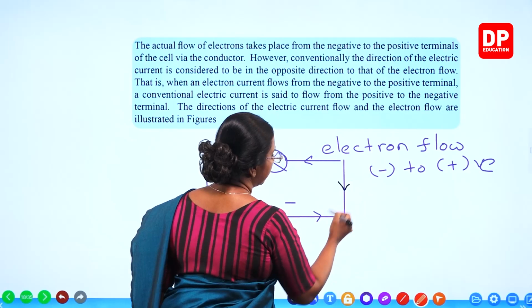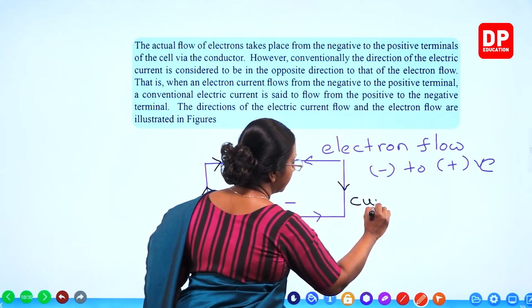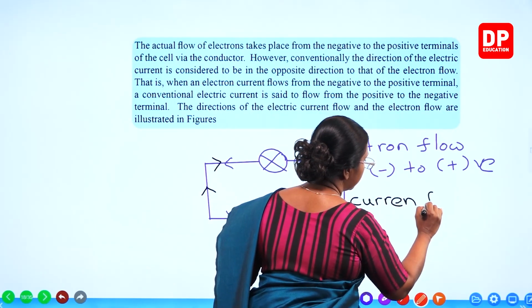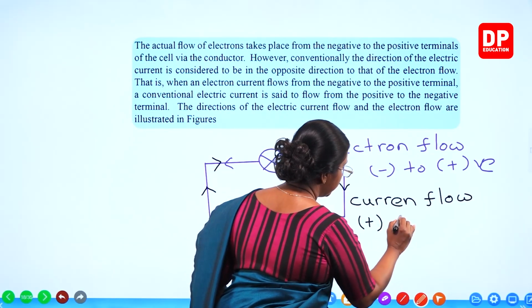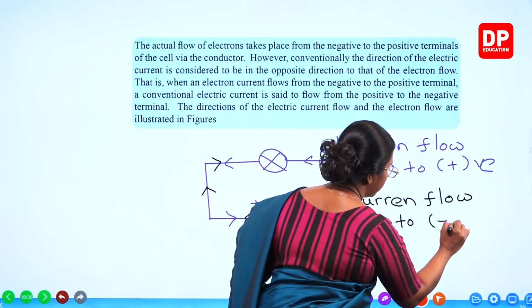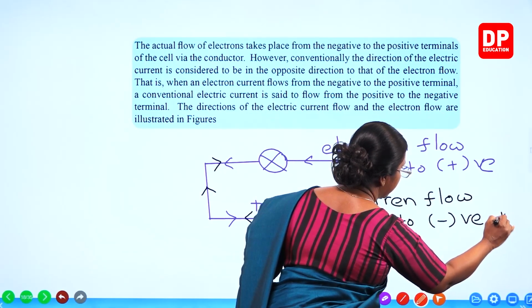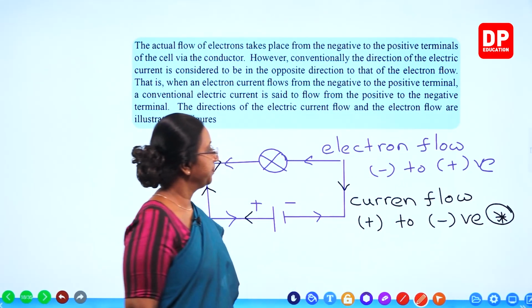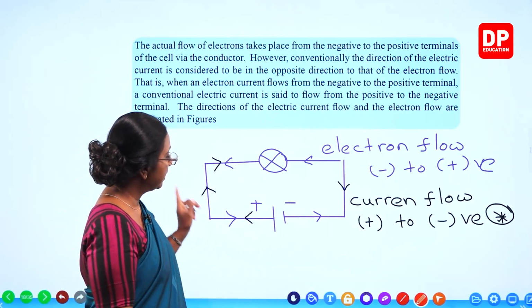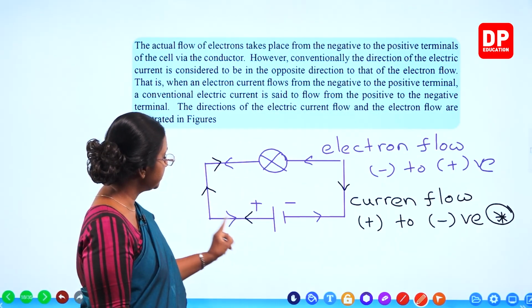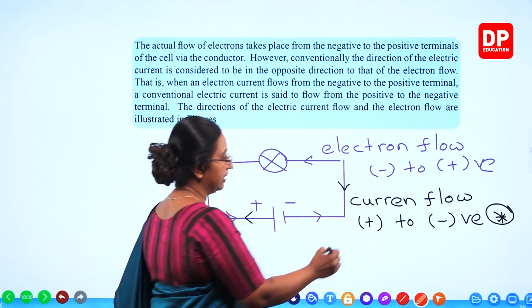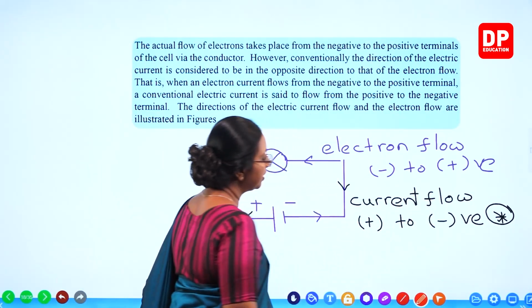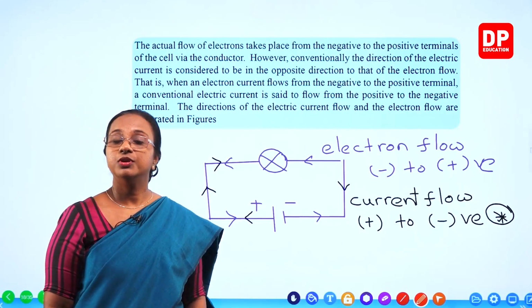Current flows from positive to negative. Electrons flow from negative to positive, whereas current flows from positive to negative.